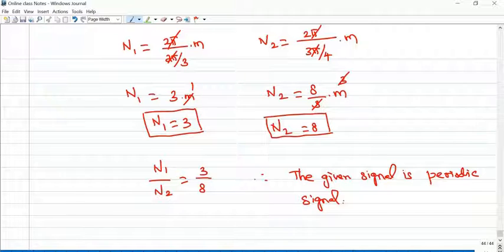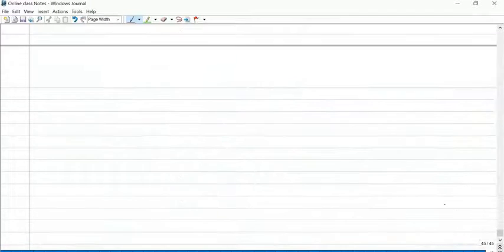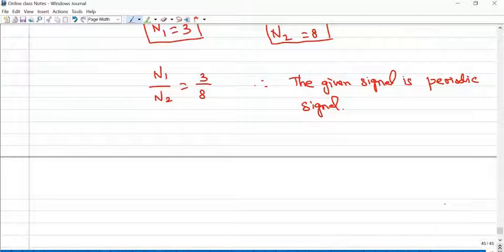What is the fundamental time period of the signal? LCM of N1, N2. Only two components are present.